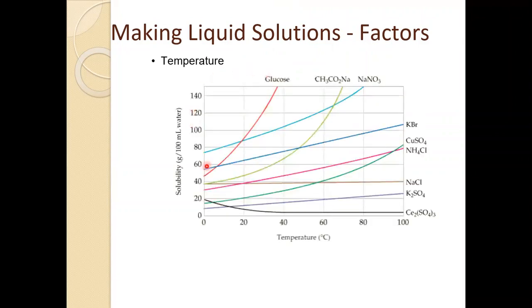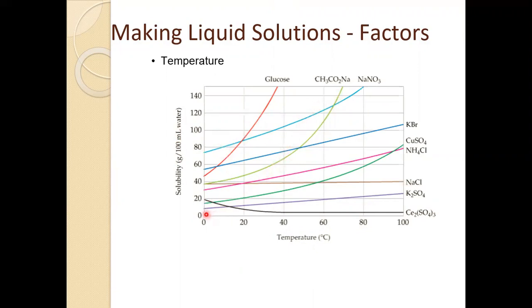If you take a look at this figure, which plots the solubility in grams of the substance per 100 milliliters of water as a function of temperature, and all of these substances in this graph are solid substances, we can find that generally speaking, with at least one notable exception here, as you increase the temperature of the solution, the solubility of the solute in that solution increases.